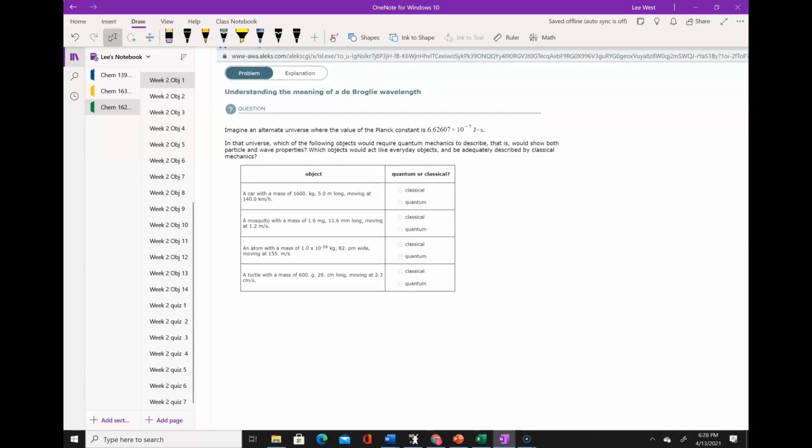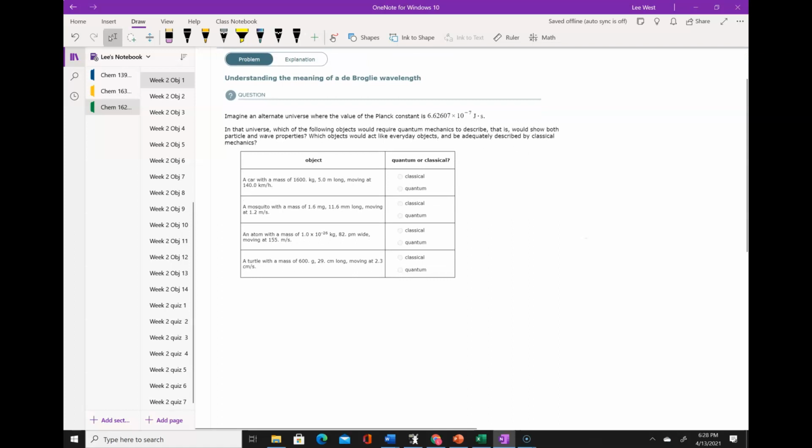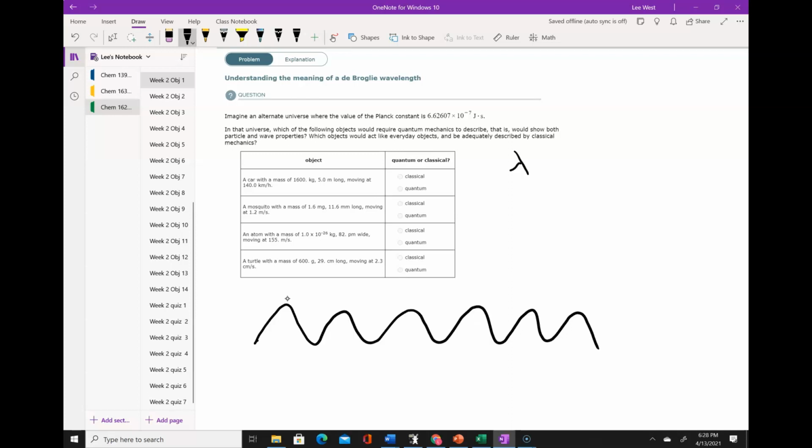So first of all, we're looking at understanding the meaning of the de Broglie wavelength. Every particle has a wavelength associated with it according to de Broglie, and that wavelength is given by that formula.